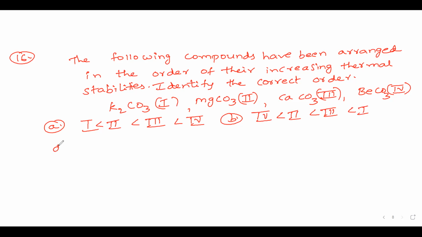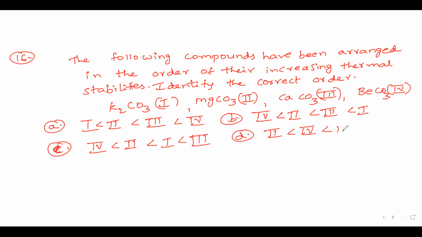Next, option C, 4 is less than 2, 2 is less than 1, 1 is less than 3. And option D, we have 2 is less than 4, less than 3, less than 1.